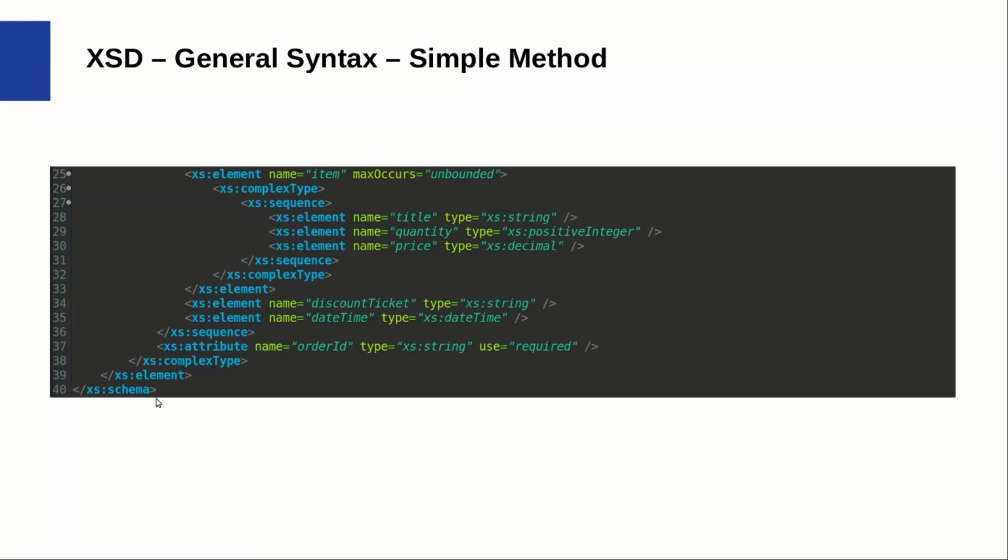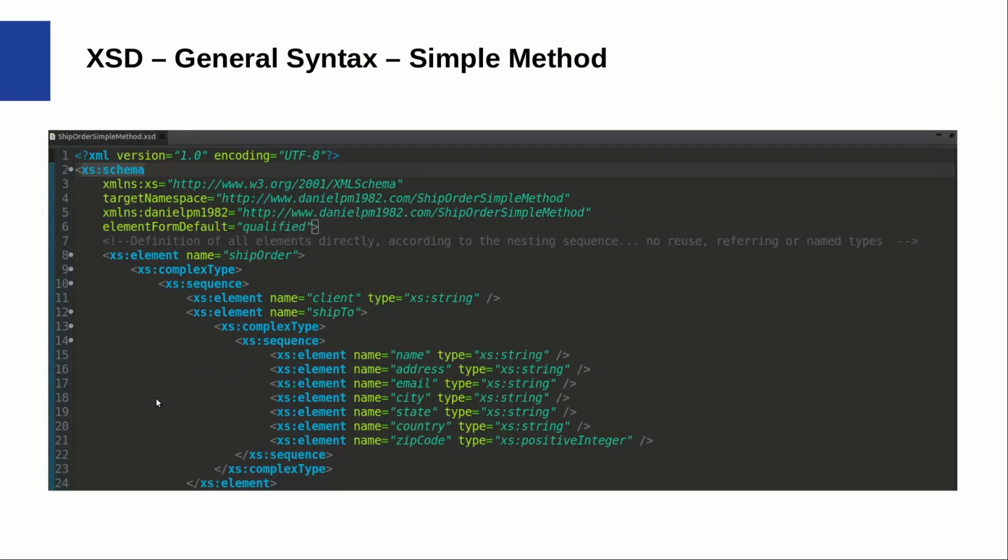So this is the simple method, and you can see that as you declare all the elements at once, nested one in another, if you have 10 levels of nesting of elements inside that future root element, it can turn the code into a very chaotic view.